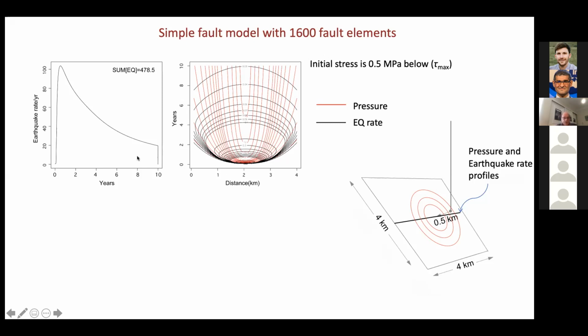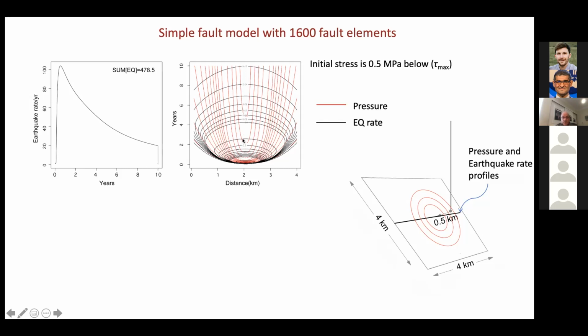This is a result of a simulation over 10 years using that rate formulation of the number of earthquakes induced, the rate of earthquakes as a function of time. The red are contours of the pressure change along any profile. Since this is a radially symmetric problem, this profile can be in any direction.